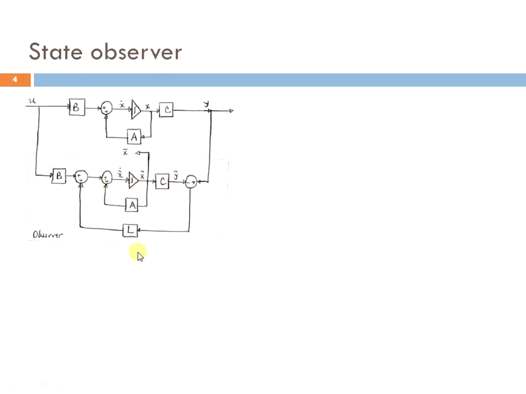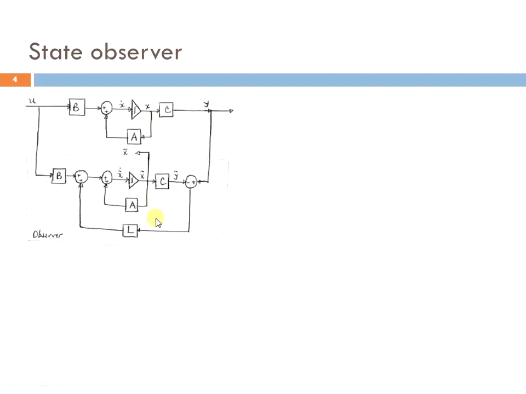This system implements a state feedback control, except that the state vector that we use for state feedback control is derived from the observer. One thing to note here is that the two systems are quite similar in many ways.